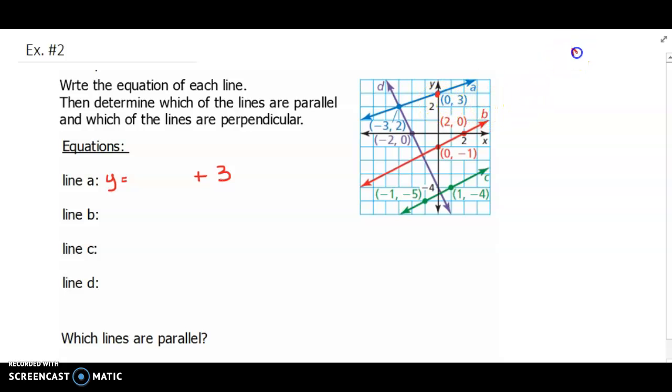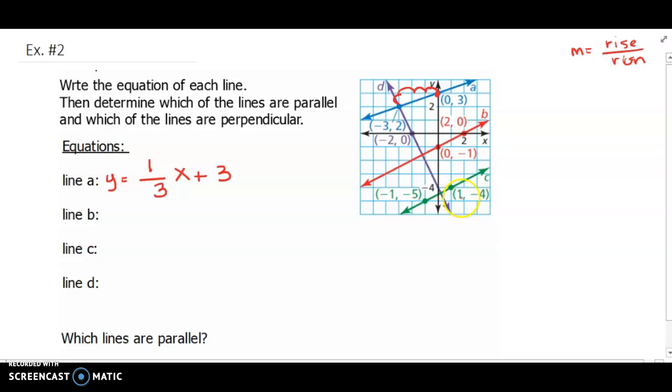Remember, slope is rise over run, meaning up and down over left and right. So I'm going up 1 over 1, 2, 3. So my slope is 1/3. And remember, I need a variable. So the equation of line A would be y equals 1/3 x plus 3.